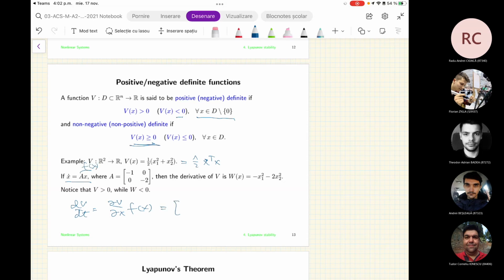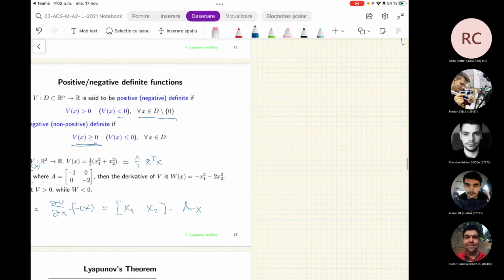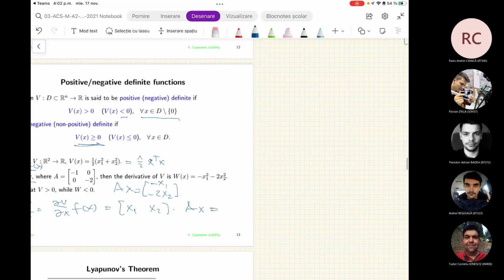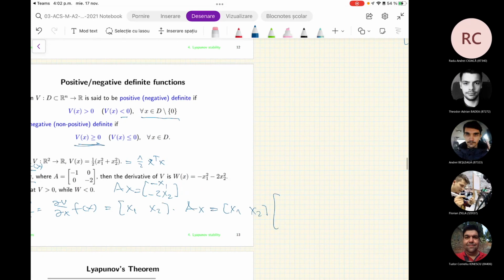So this is x1, x2 times Ax. And how much is A times x? A times x is minus x1 minus 2x2. So this is x1, x2 times minus x1 minus 2x2. And this yields this result.